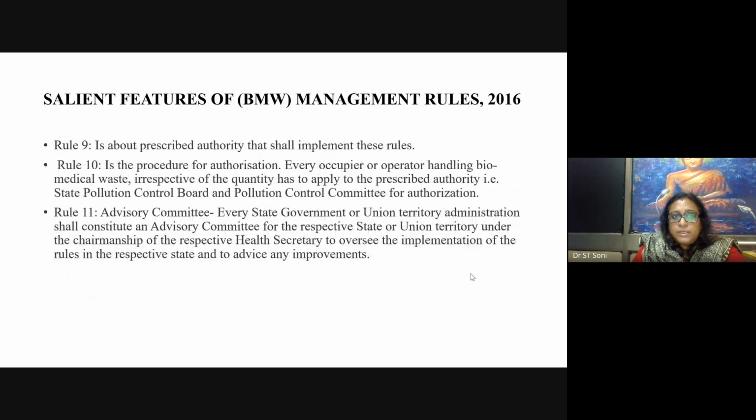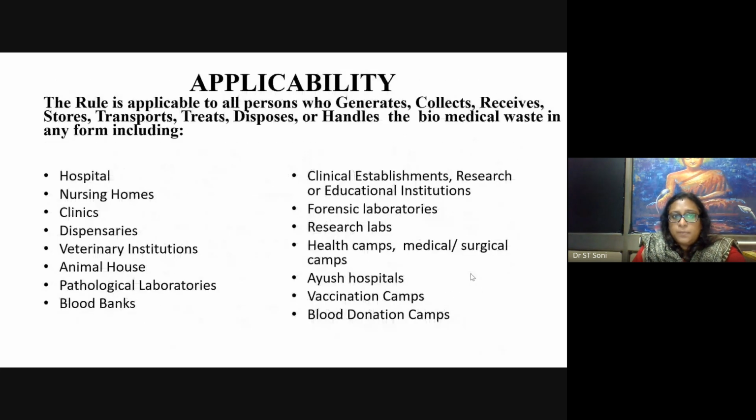This is part of my slide, so I am skipping all this. We all know where it is applicable. It is applicable to all hospitals, nursing homes, clinics, dispensaries, veterinary institutions, animal houses, pathological laboratories, blood banks, and any research institution or lab. An important thing to remember is that previously it was not applicable to health camps, vaccination camps and blood donation camps.